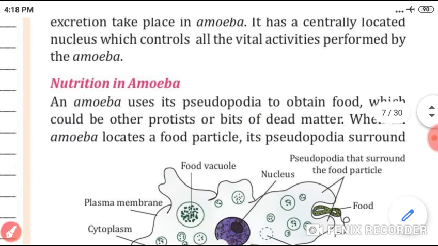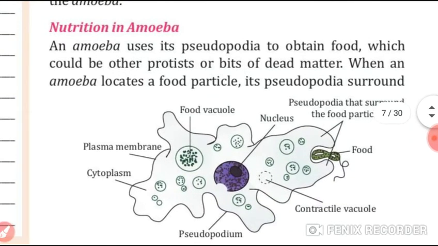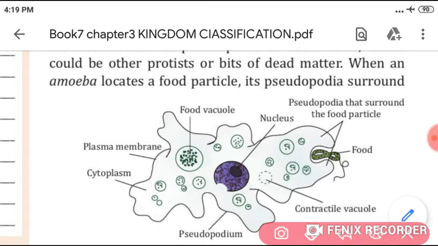Clear? Now about the nutrition in amoeba. Amoeba uses its pseudopodia for nutrition. What happens when an amoeba locates a food particle? Its pseudopodia surround that food particle.